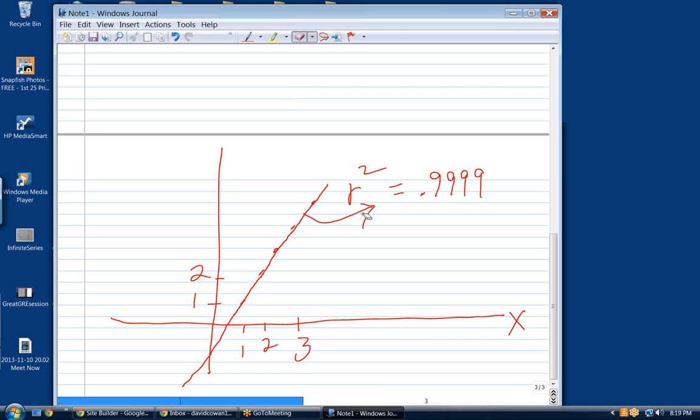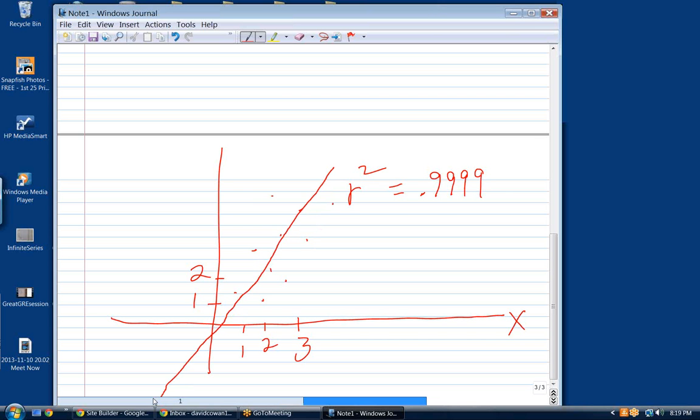If I had a line that was a little more scattered, and I draw a straight line as best as I can through that, this r squared might be 0.7. You can tell that it's not as good a fit.